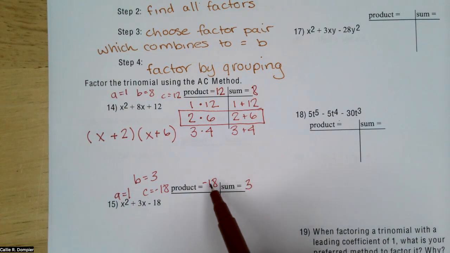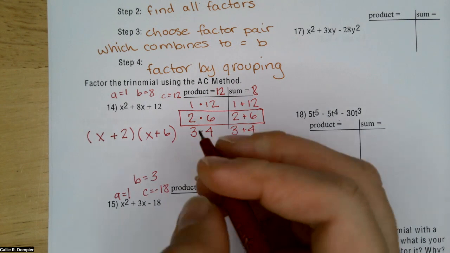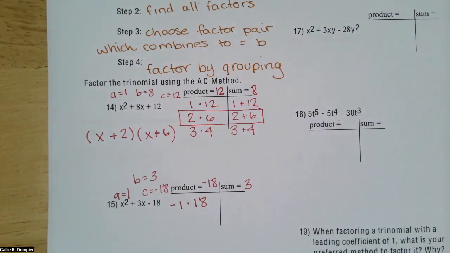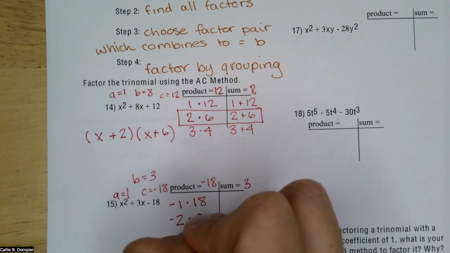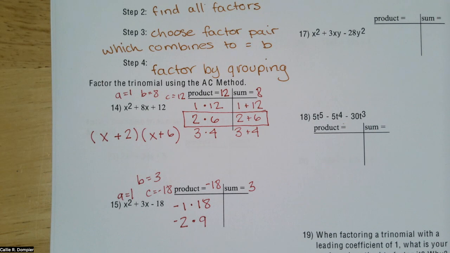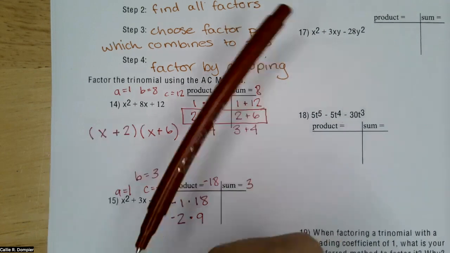We want it to add to 3, so it's going to be a negative and a positive, with the positive being the bigger number, right? So we have negative 1 times a positive 18 will give us a negative 18. Negative 2 times a positive 9, negative 3 times a positive 6. 18 divided by 3 is 6.